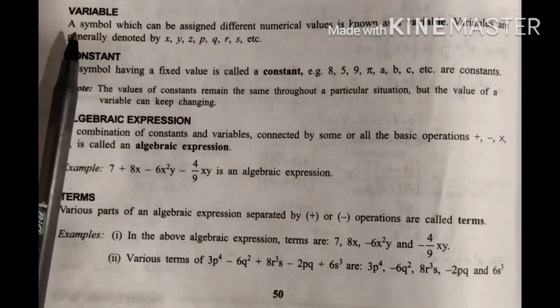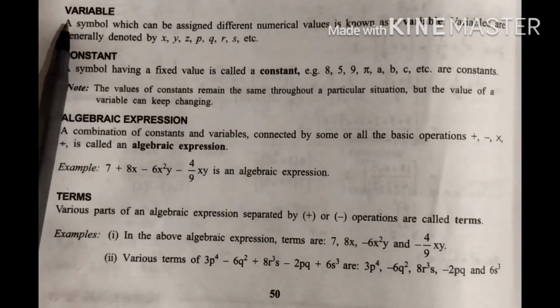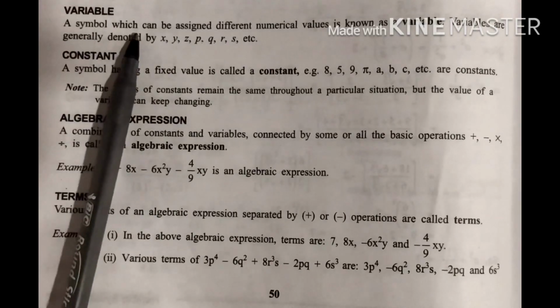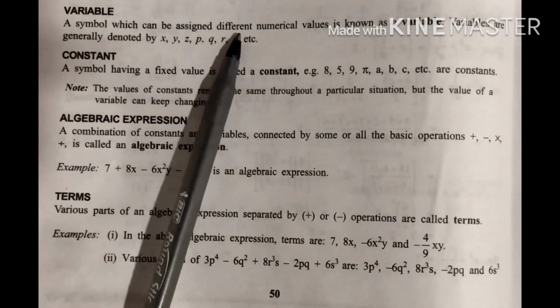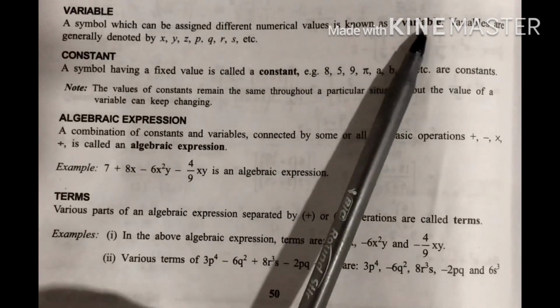Out of that, the first one is variable. A symbol which can be assigned different numerical values is known as a variable.